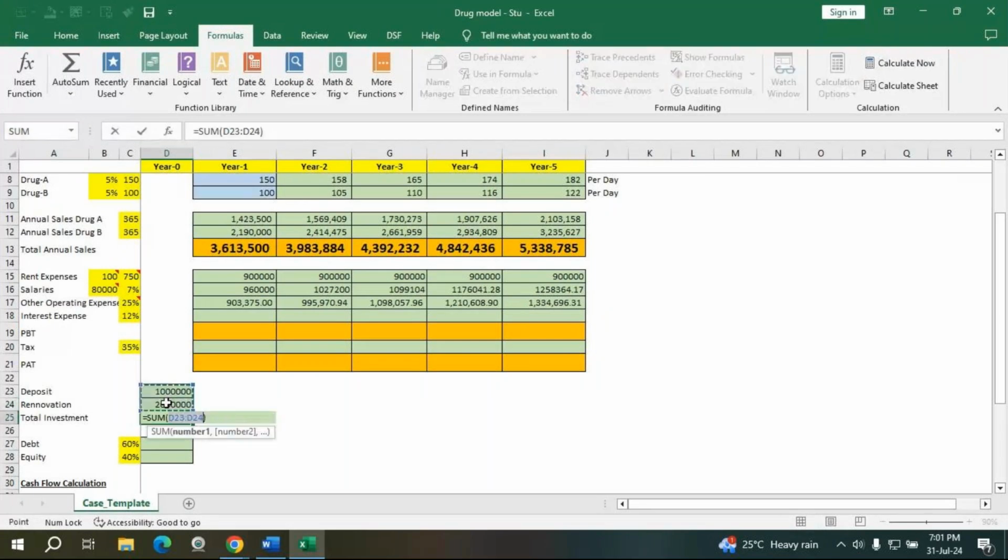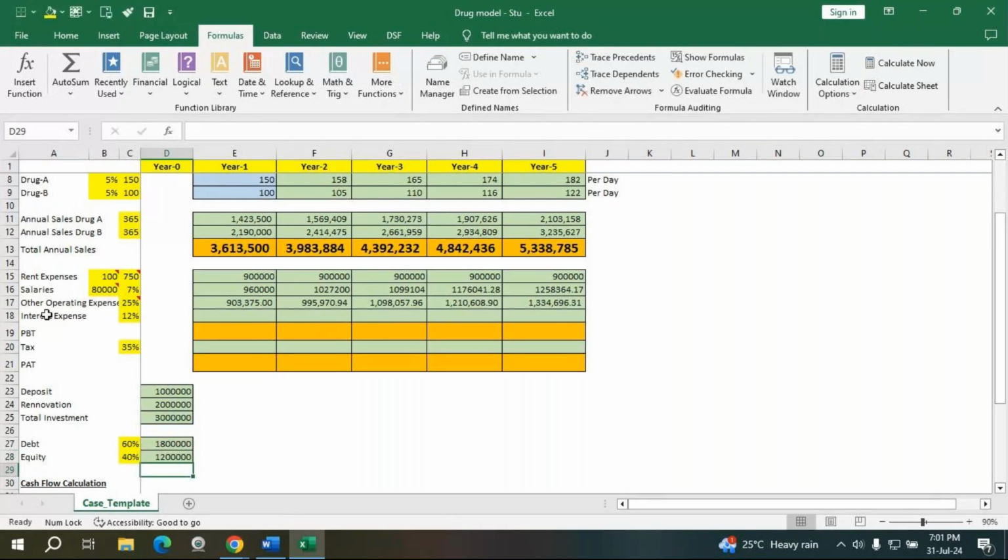Alt equals, total investment is this much. They are telling that out of that total investment, 60% we are taking as loan. So equals 30 lakh into 60%. The remaining will be the equity, equals 30 lakh minus the debt amount. So this will be the equity.